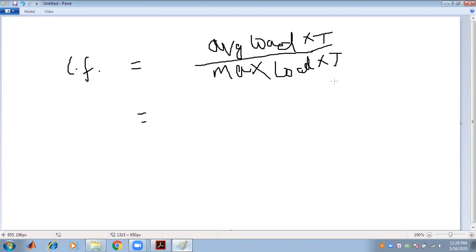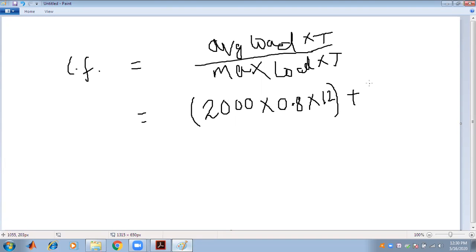Now it is given 2000 kilowatt having a power factor of 0.8 and the time taken is 12 hours, plus 1000 kilowatt having unity power factor and time taken 12 hours.